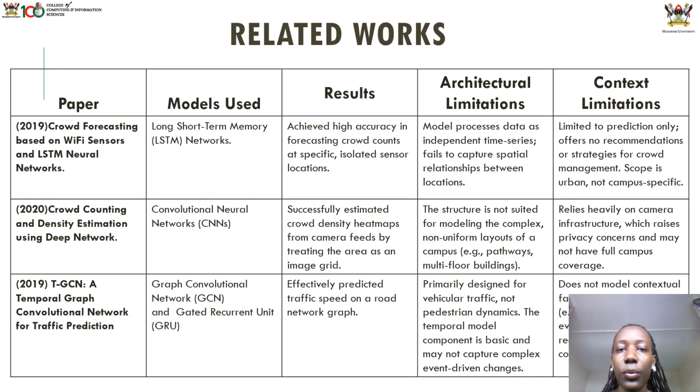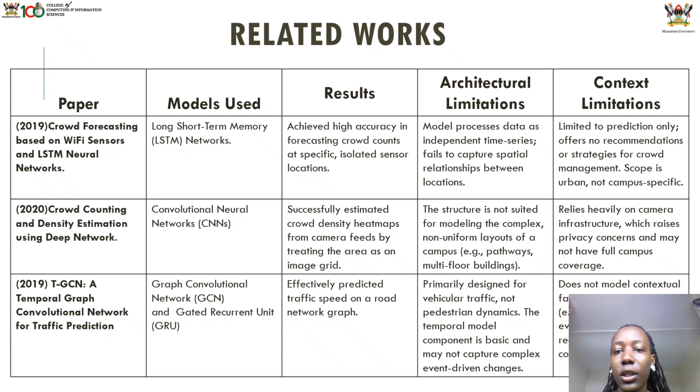Then to continue, we are going to the related works. These are basically the papers we picked out that talk about how to manage crowds and how to count crowds. The first paper is crowd forecasting based on Wi-Fi sensors, and it uses long short-term memory networks, the LSTM models, and it was able to achieve high accuracy in forecasting crowd counts through these sensors.